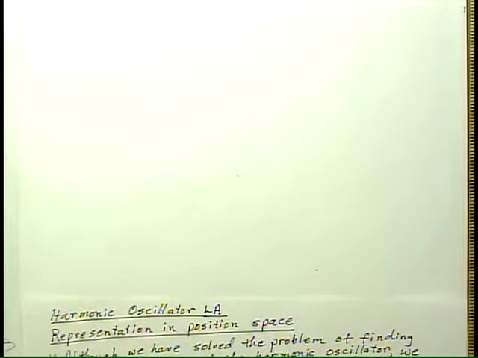We have now solved the problem of the harmonic oscillator using the Lie algebra in the energy, or the Hamiltonian eigenvalue, representation. But we want to take that, in order to visualize it, and project it back into the position eigenspace. Now, how do we do that?